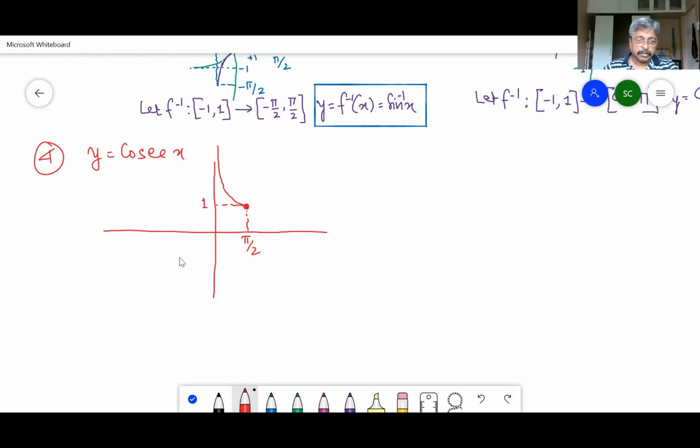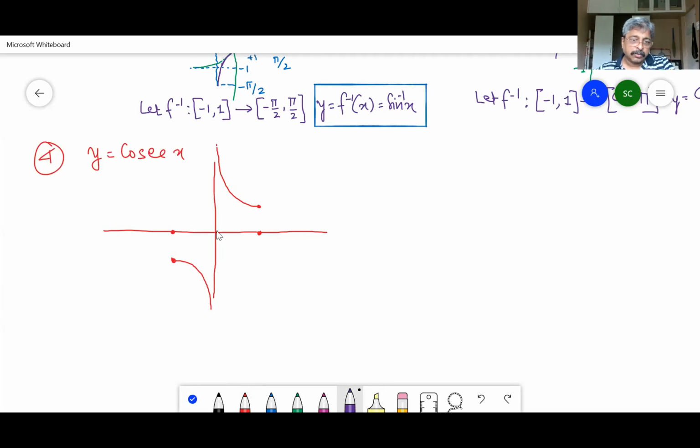And from here, my pi by 2 and 1 are looking alike. Pi by 2, 1. So this is your cosec.